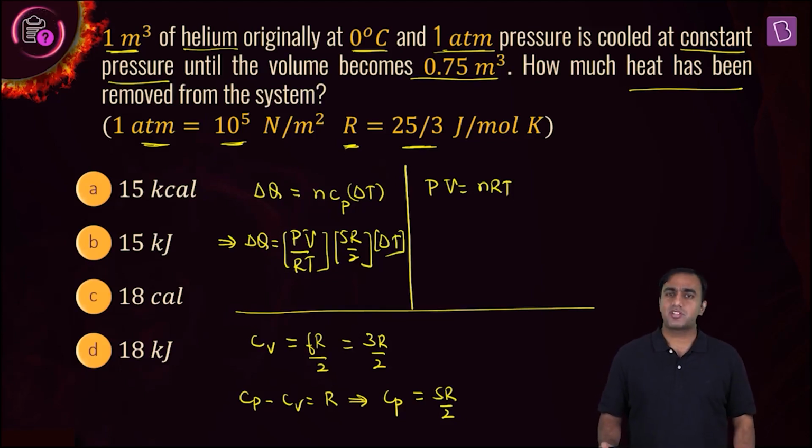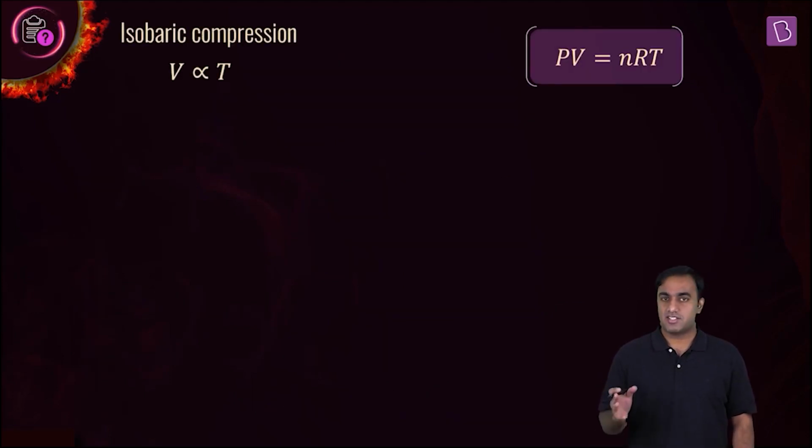How do you find the temperature change? Well, this is an isobaric process. Considering the ideal gas equation, which is still applicable for this, and if we take pressure to be constant, we find that the volume of the gas is proportional to the absolute temperature of the gas. In that case, the ratio of volume to temperature of the gas must remain a constant.